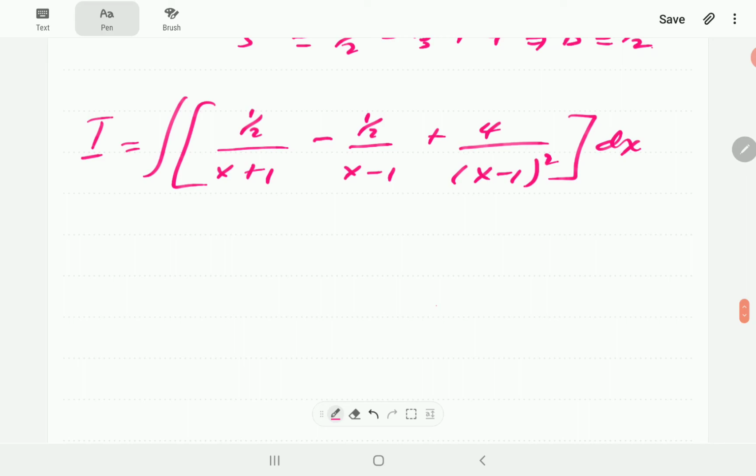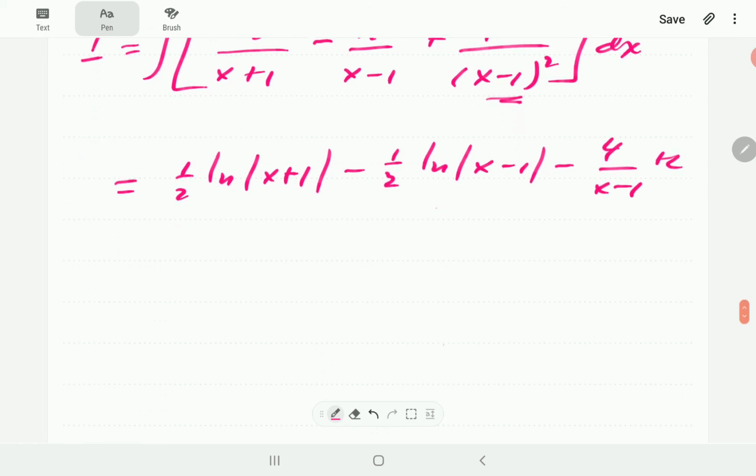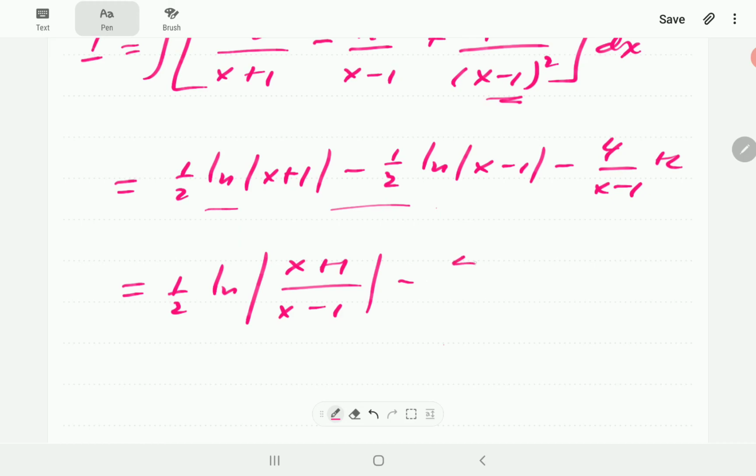Right, the integral of the first one is simply going to be 1/2 ln|x plus 1|. The second one, 1/2 ln|x minus 1|. And then again, this one is going to be negative 4 over (x minus 1). It's not going to be a ln. These two we can combine using properties of logs. So that's simply 1/2 ln of (x plus 1) over (x minus 1), minus 4 over (x minus 1), plus c.